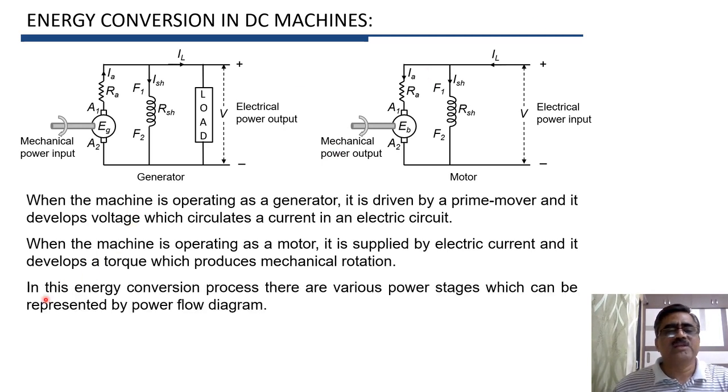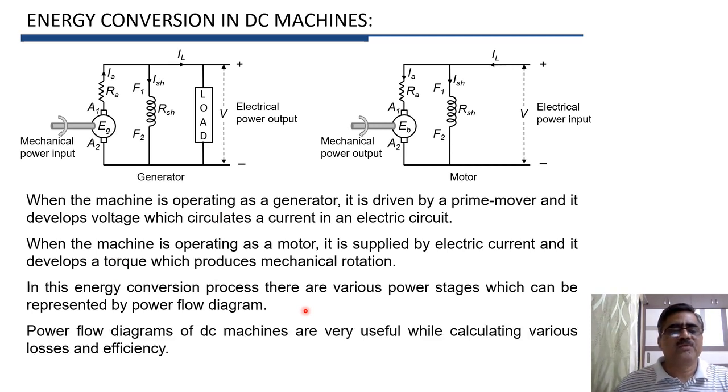Now, during this energy conversion process, there are various power stages, and these power stages can be represented with the help of power flow diagrams. These power flow diagrams or power stages are the easiest way for calculating various losses and efficiency of DC machines.